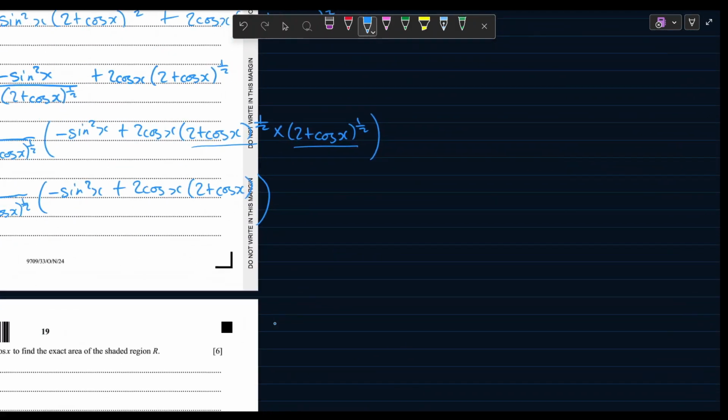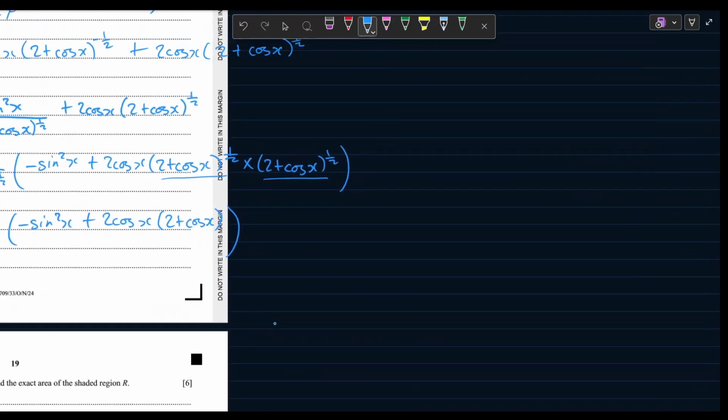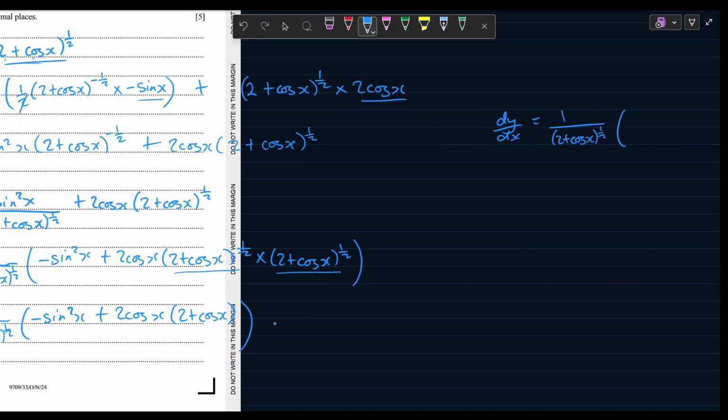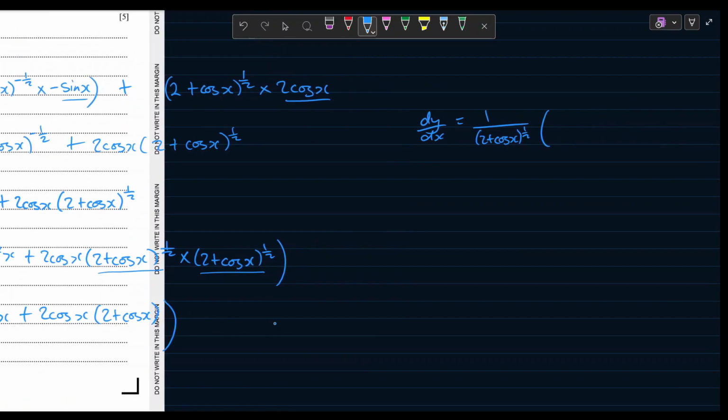So let's write this on the side. We are getting that our dy/dx is equal to 1 over (2 plus cos x) to the half, multiplied by our negative sine squared x.